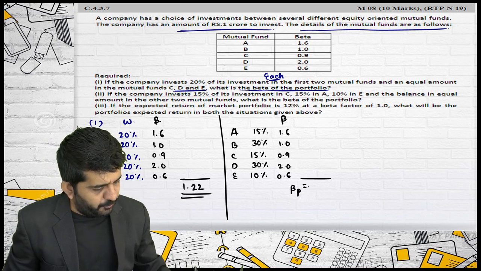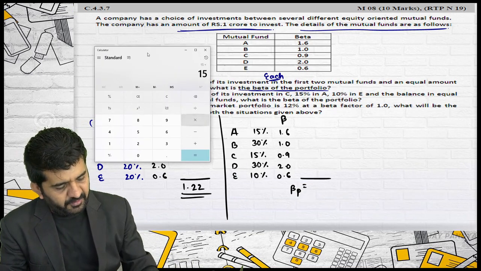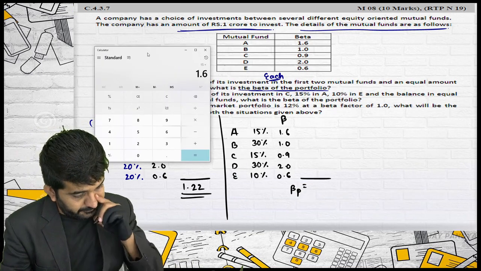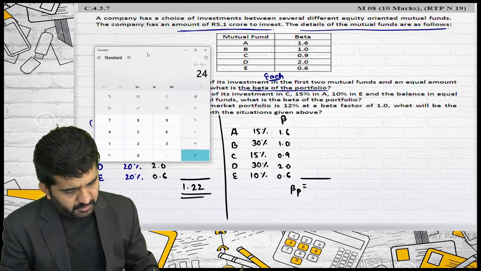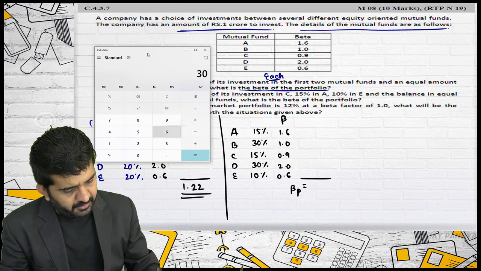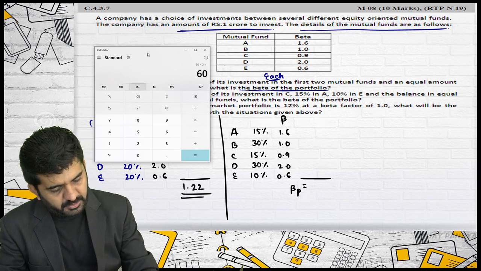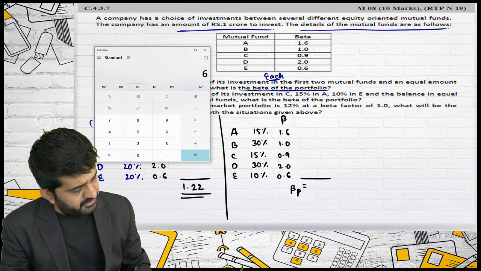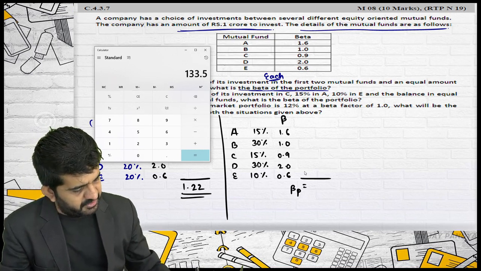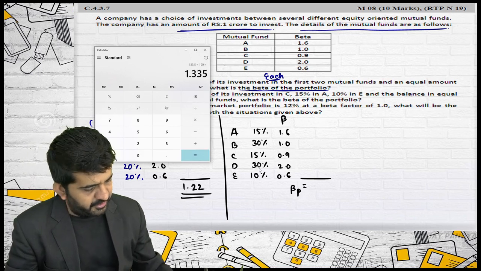Weighted average beta is nothing but beta of the portfolio. 15 into 1.6 is equal to M, plus 30 into 1.0, plus 15 into 0.9, plus 30 into 2, plus 10 into 0.6. The sum of weight times beta divided by sum of weights, which is 100, gives 1.335.